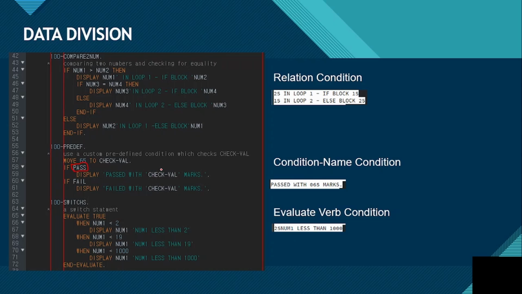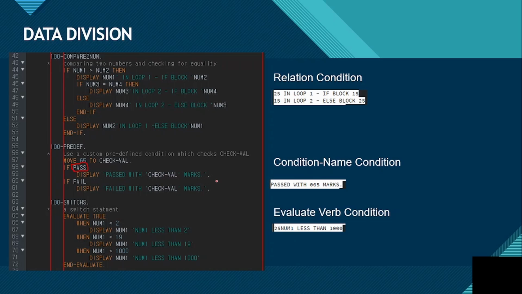Also, if you want to change all the related conditions, by initializing it to a variable, you can directly change it by changing only the variable that is initialized with the condition. So since 65 is greater than 40, we displayed it with check marks.